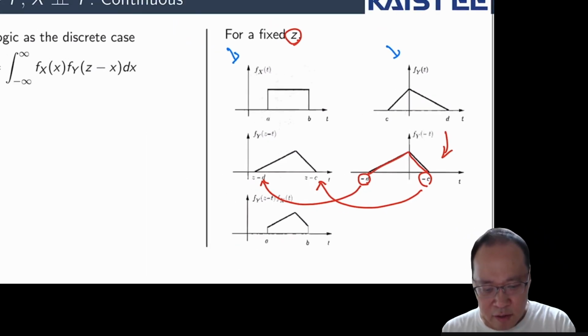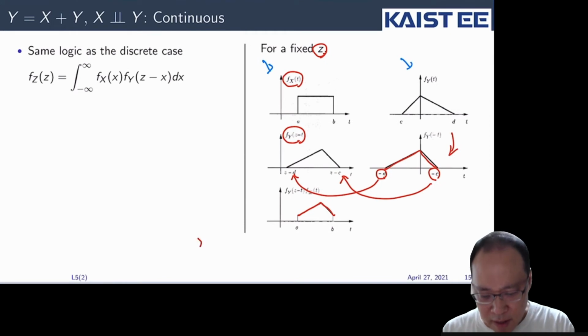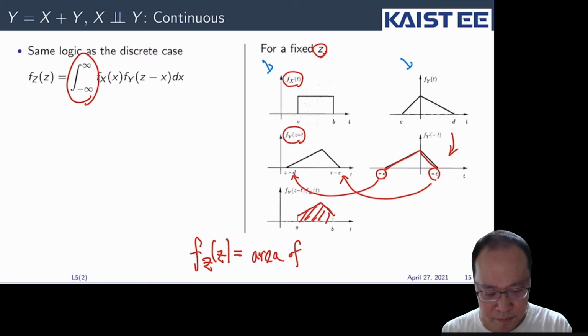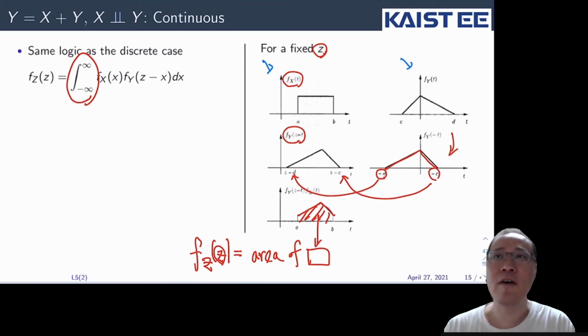And do the multiplication of fX(t) and fY(z minus t), and that's why we get this. All right? And then fZ(z) is the area of this, because it's the integral, and that's the PDF for a given z.